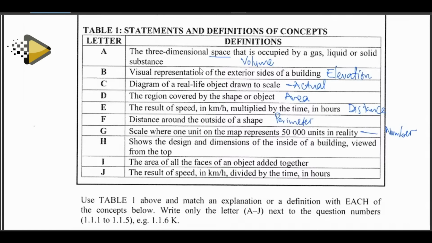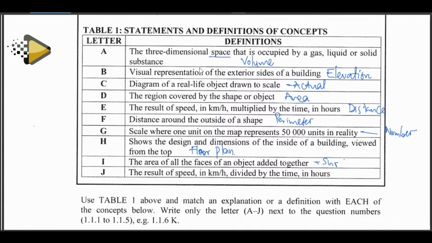Then we go on: shows the design and the dimensions of the inside of a building. Usually this is what? A floor plan. Floor plan. The area of all the faces. Oh, this is called the surface area.